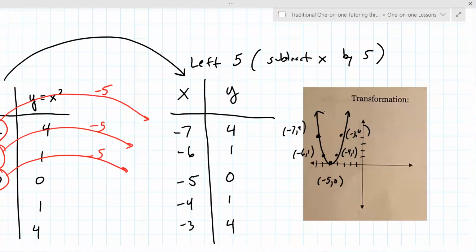Okay, I'm going to write that down. Let me make the line right there. Just let me know when you're all done.